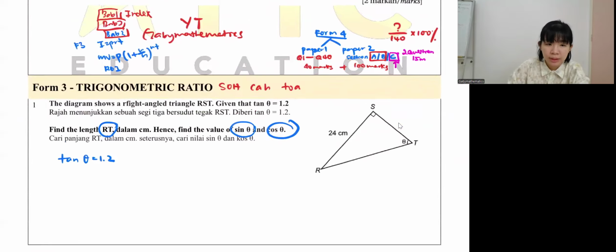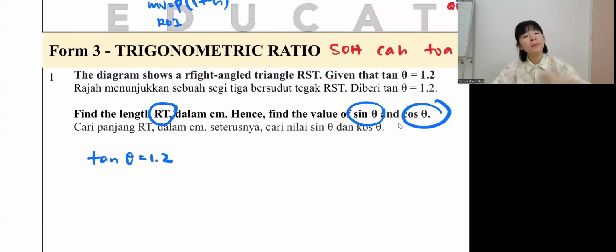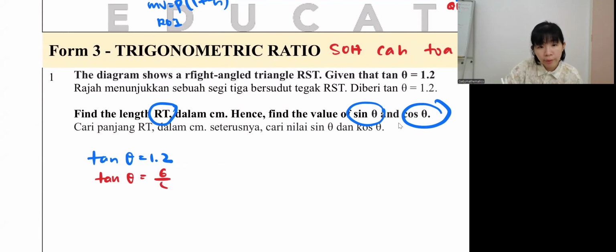Okay, first, if they give us 1.2, change to fraction first. Use the calculator. 1.2, if I change to fraction, it is how much? 6/5. Do you get 6/5? Tangent theta is 6/5. Now, why do we change to fraction?